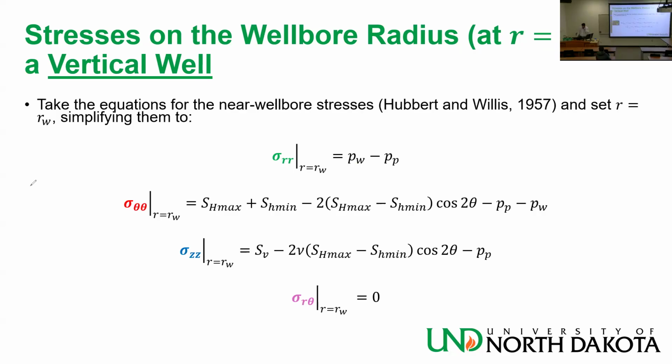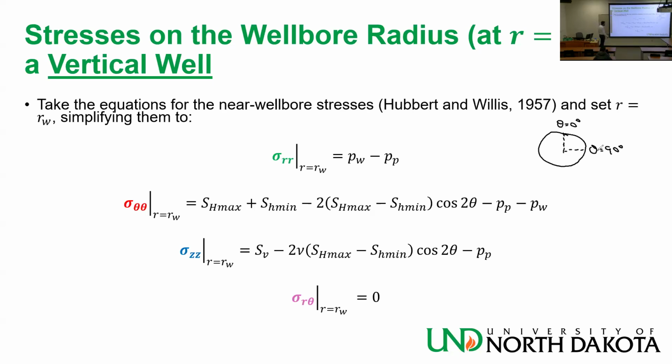Food for thought. This is how I'm looking at the well from above. We said this is theta equals 0, and this is theta equals 90, right? I can have fractions either starting from theta equals 0, theta equals 90, or anywhere in between.